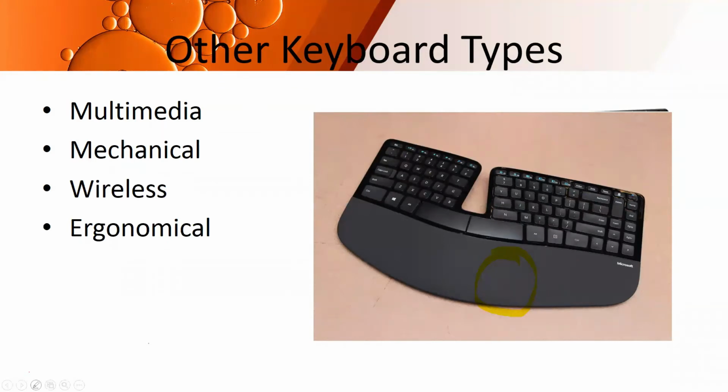Many times we tend to develop several kinds of ailments like wrist pain or joint pains in our fingers because of working for long hours. So ergonomical keyboards reduce the discomfort while working on the computer.